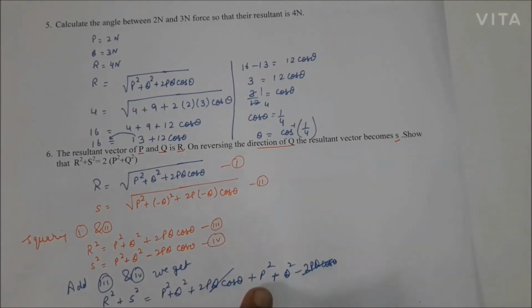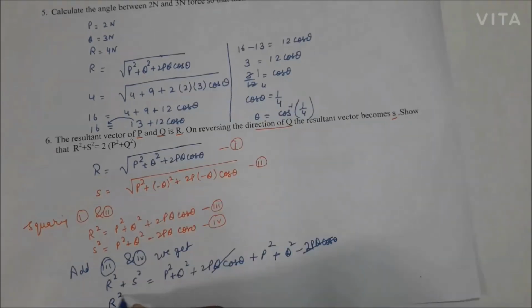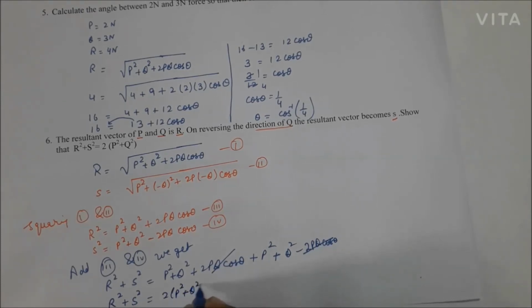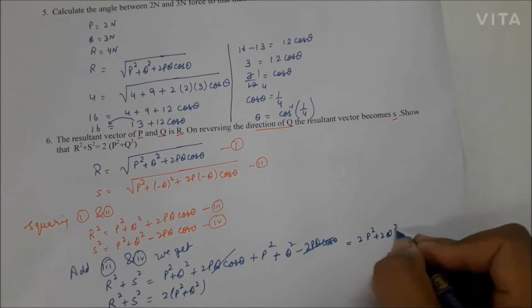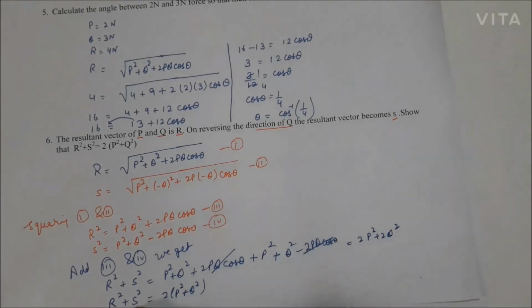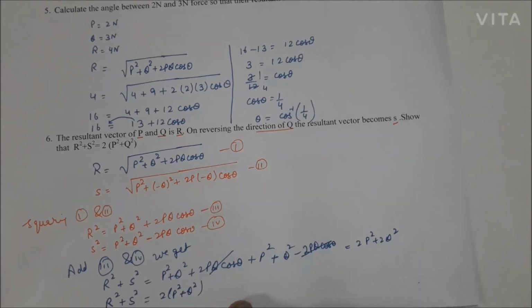P square plus P square is 2P square, and Q square plus Q square is 2Q square. So your result comes out to be R square plus S square is equal to 2P square plus 2Q square, which you can also write as 2 times P square plus Q square. So this is your required result.